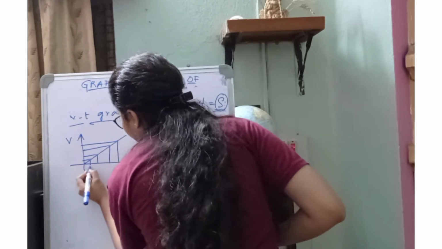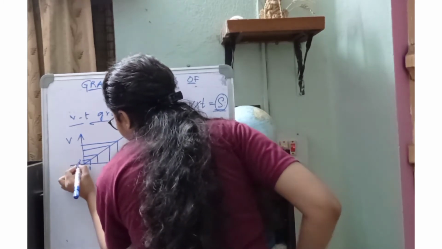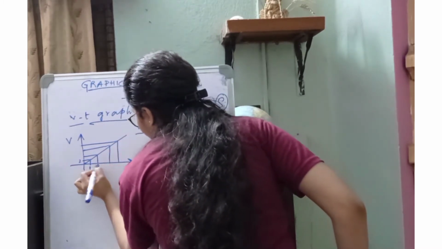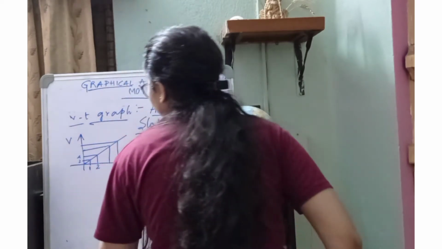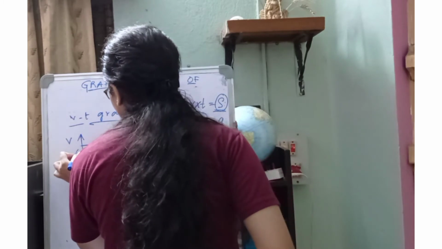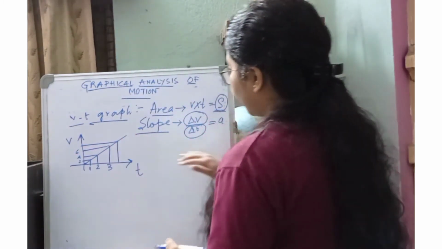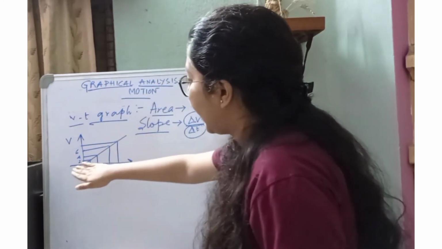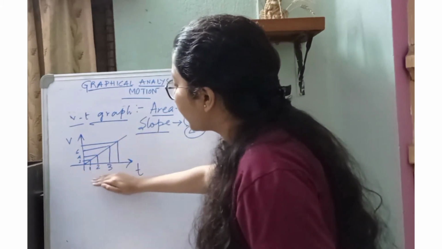Why? Because if I see these values, in this case when time was 1, V was something around 2. When time was 2, suppose it is just a supposition, V was 4. When time was 3, V was 6. So it is linearly increasing with respect to time.